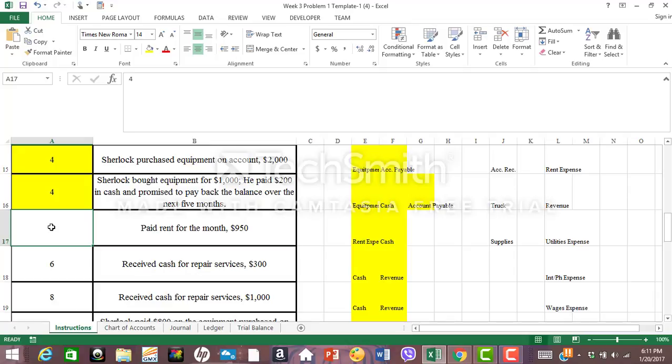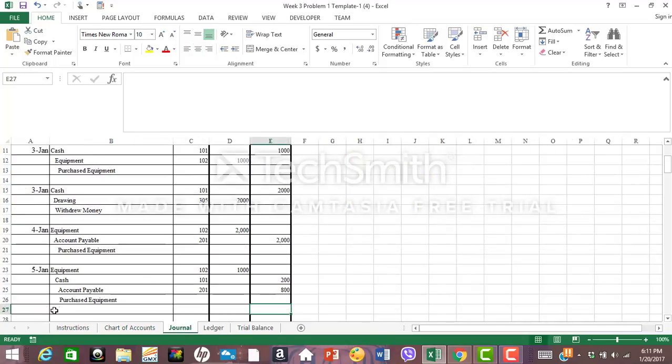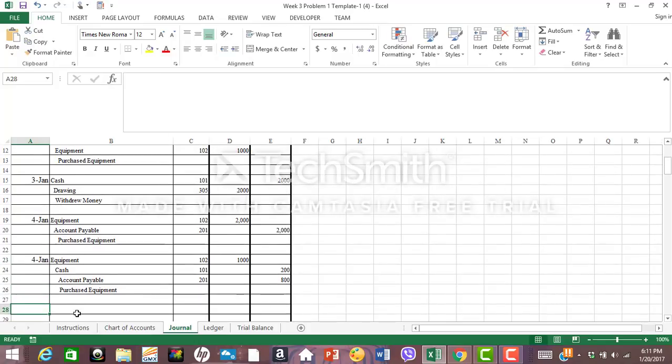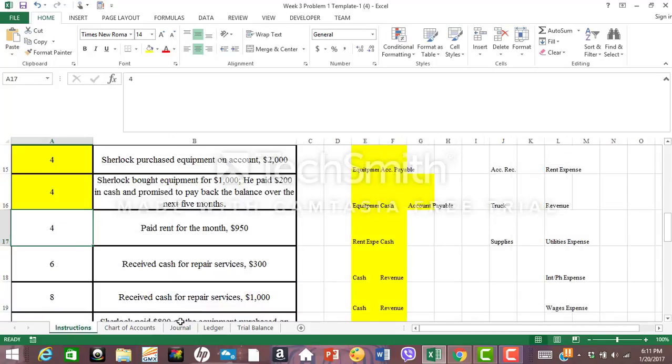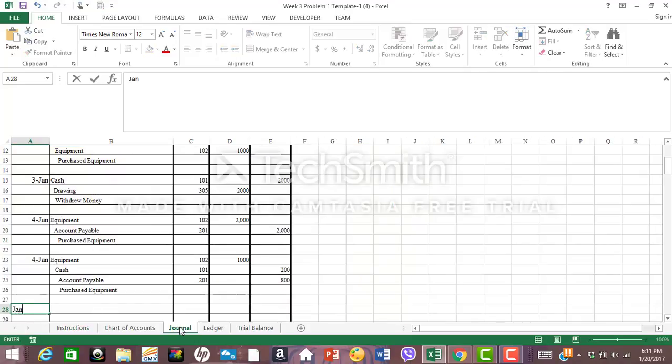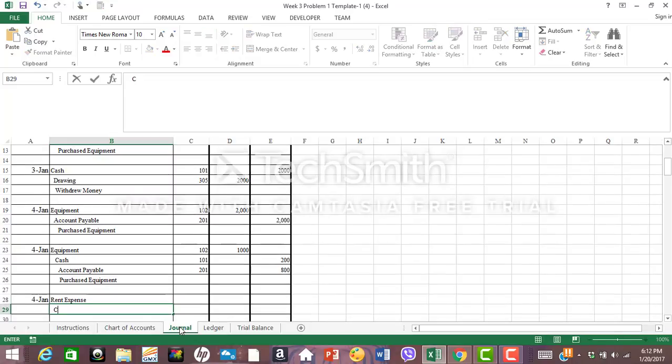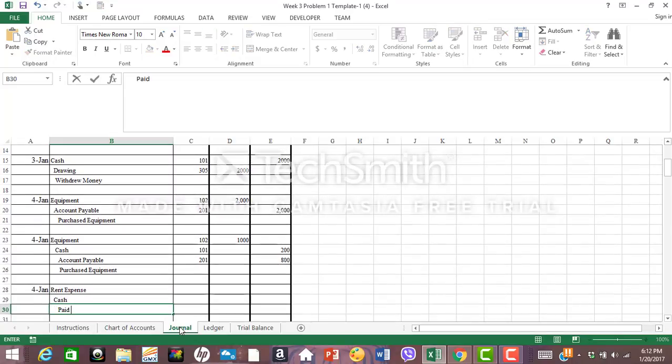And then paid rent for the month for $950. So this would be January 4th as well. It is not January 5th, it is January 4th. As far as rent expense, I believe it is also January 4th. Yes. So January 4th, rent expense is getting affected, cash is getting affected, and paid rent is the description.